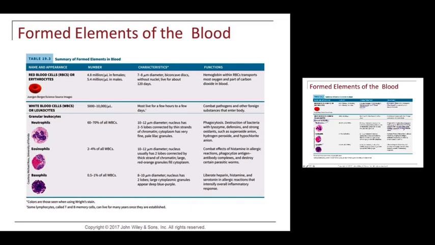These are all going to help protect the body. Eosinophils, they combat the effect of histamine by releasing histaminase. They're involved in parasitic issues. They try and destroy the parasites. And then basophils, they're going to liberate heparin and histamine and even serotonin. Also seen in many inflammatory issues and allergies.